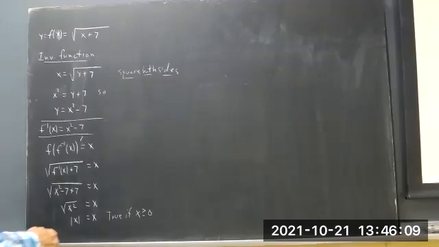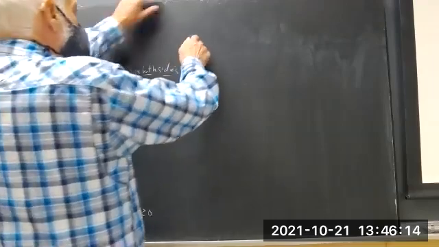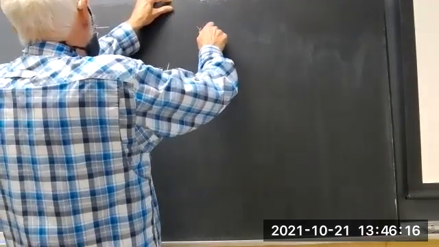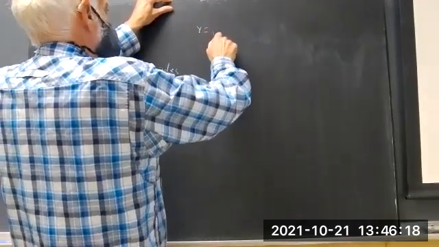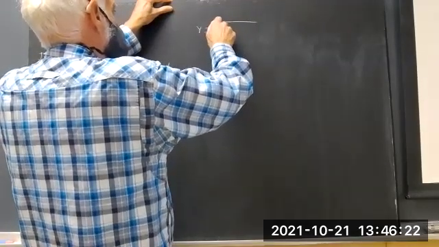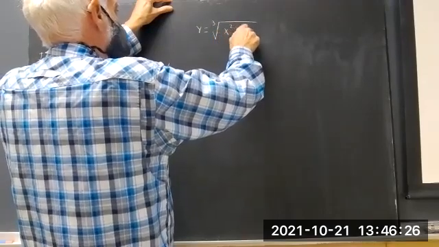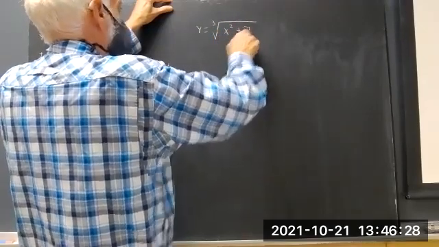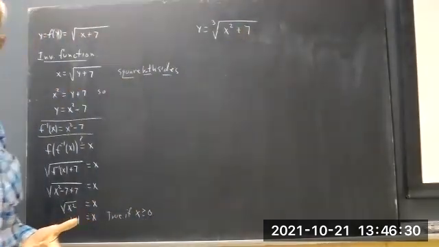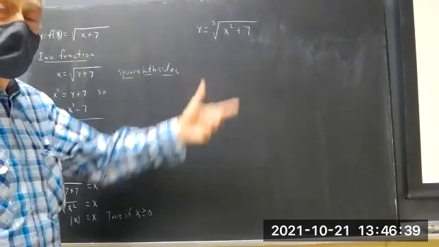What if we have, say, a cube root instead of a square root? What would be different? Well, what would we do to both sides?